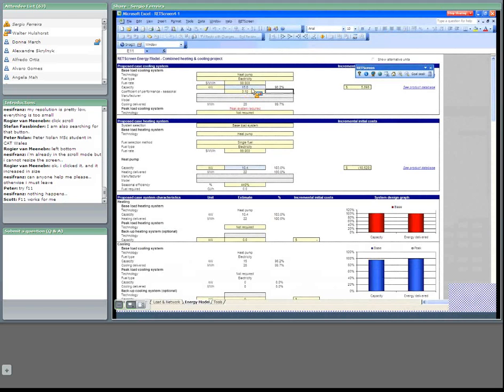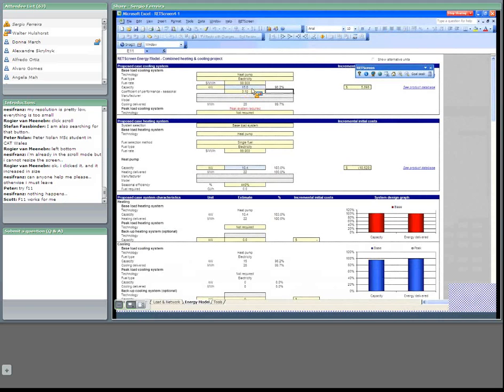If you look a little bit lower, you have here two charts, the red one for the heating system, the blue one for the cooling system. And if you notice, if I change the capacity of my heat pump for the base load for heating, if I put it a little bit lower, for example 8 instead of 10, you'll see that my bar here went down.